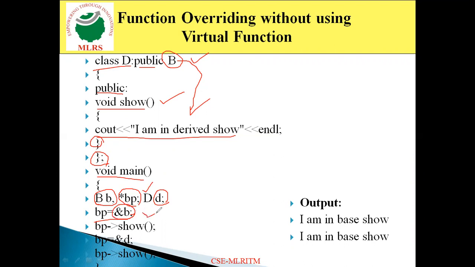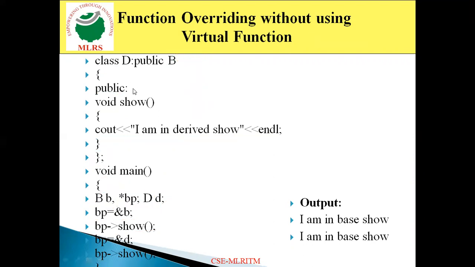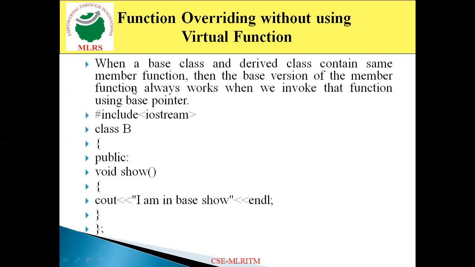Here I am assigning the address of the base object. So BP arrow show will execute the base class show function, which displays the "I am in base show" statement on the output screen.